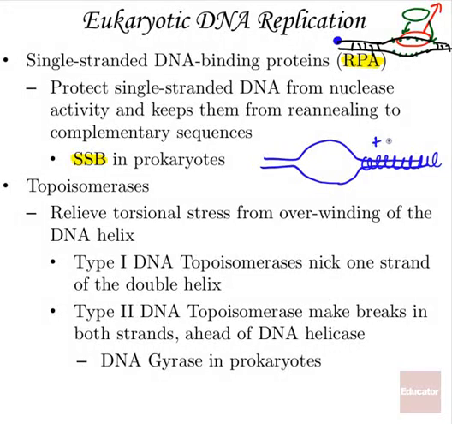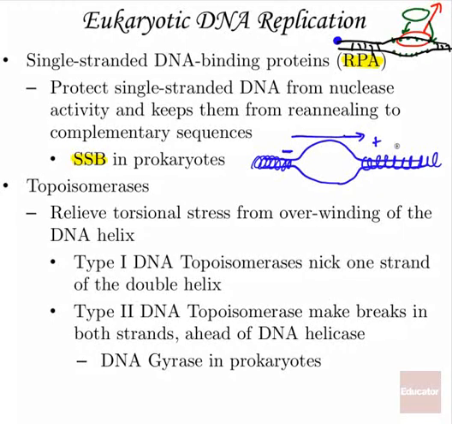You're getting positive supercoils ahead of the fork, and you get negative supercoils behind the replication fork. All right? And so you're still going to have supercoils here. Now, if we don't relieve the stress of these extra supercoils, we're going to end up breaking our DNA.